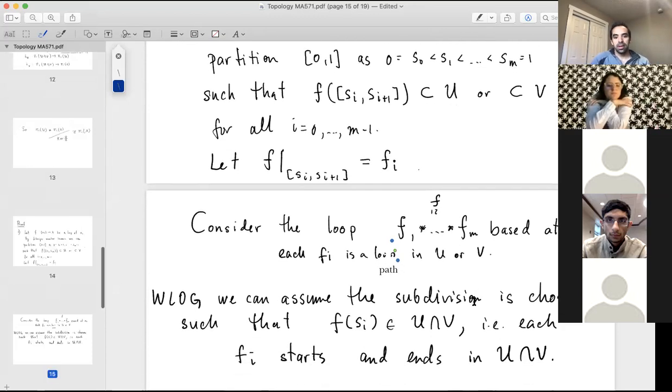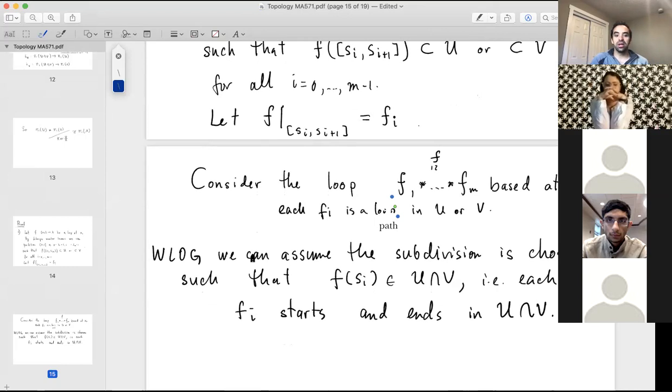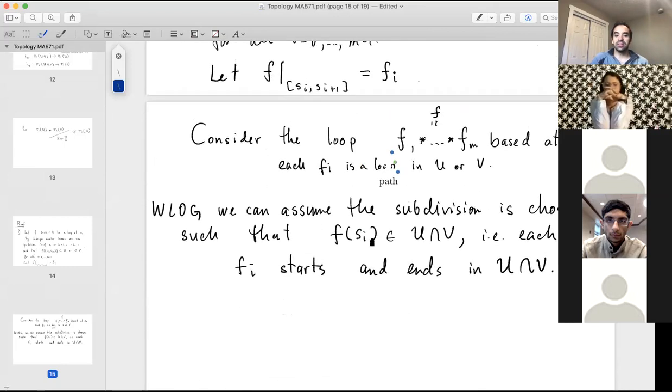And now, this is related to one of the earlier comments. Without loss of generality, we can assume that the subdivision is chosen such that each endpoint of each of these paths fi, namely f(si), lies in the intersection. I'll explain why we can assume this in a second.